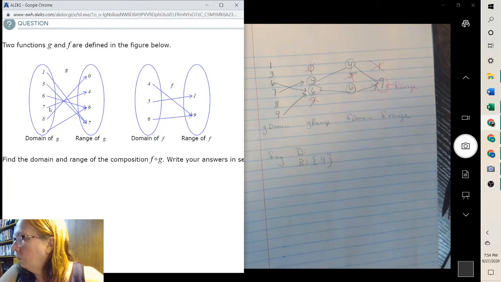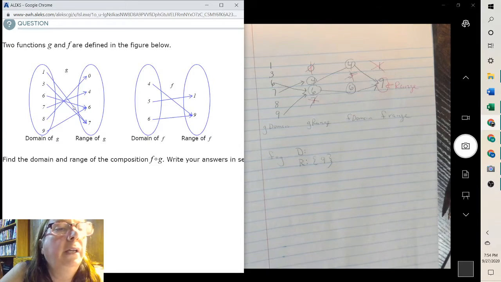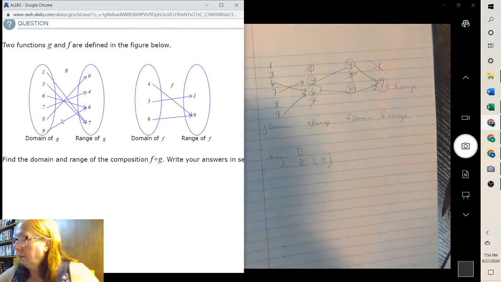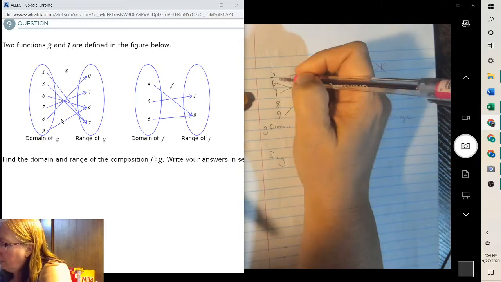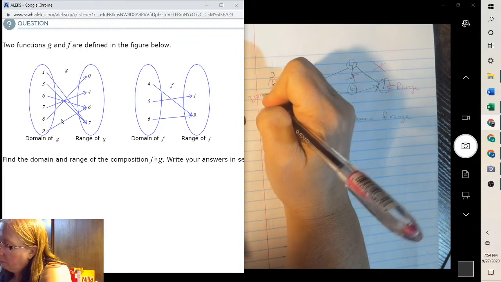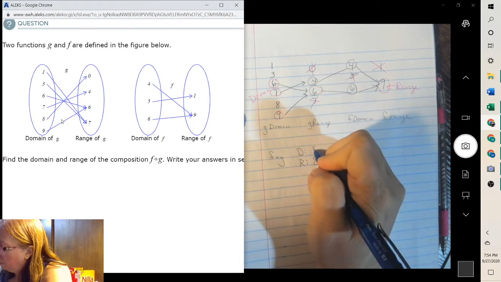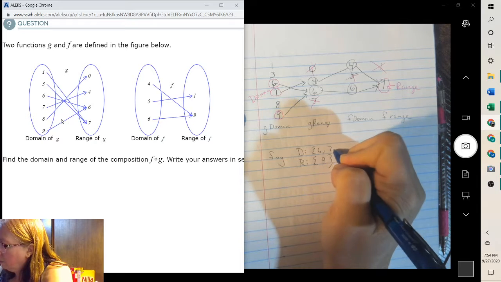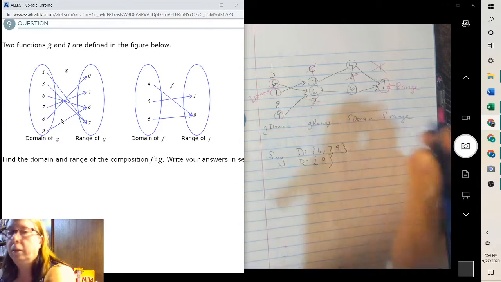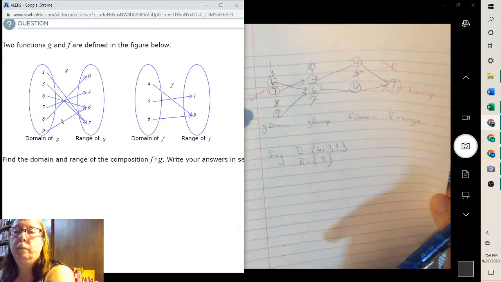We wanted the 4, and it's 7. And then we wanted 6, and it has arrows from 6 and 9. So these are the domain. 6, 7, and 9. Let's try one more.